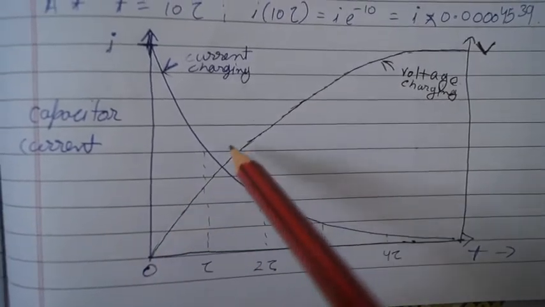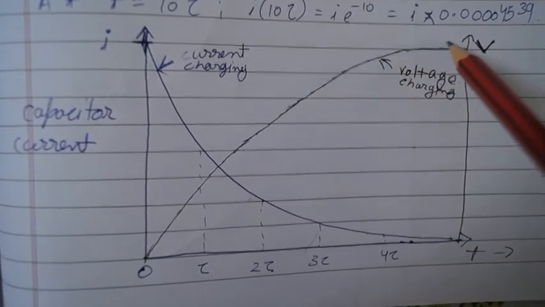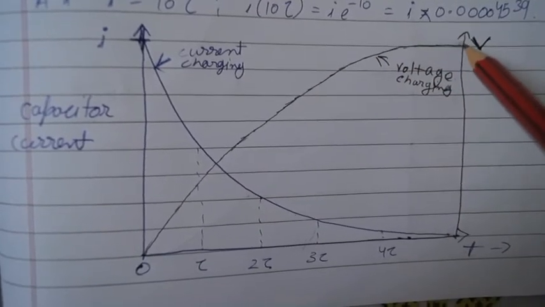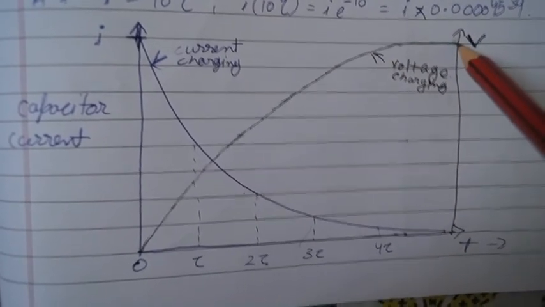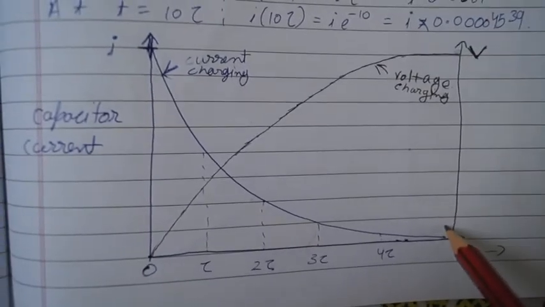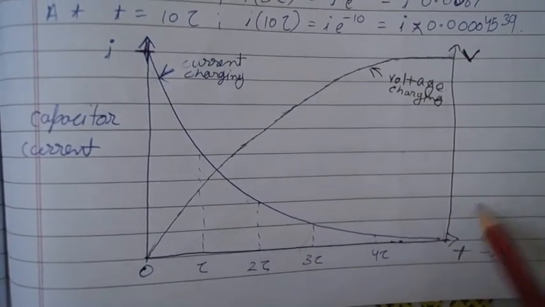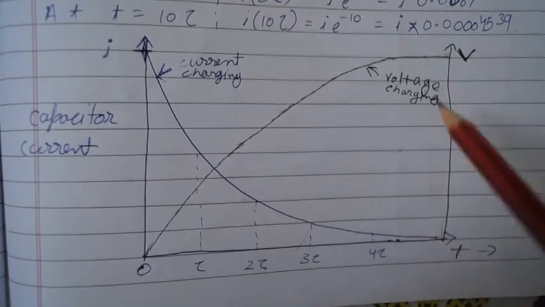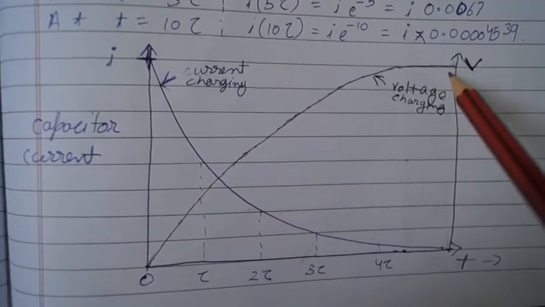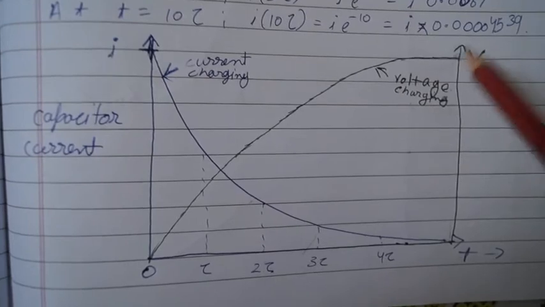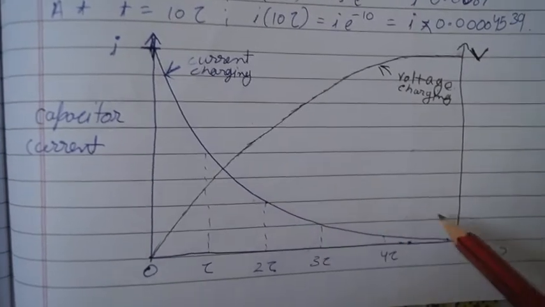So the capacitor potential is increasing toward the battery potential, and when the capacitor potential is at maximum, the current in the circuit drops. That's why we also say that when the voltage is increased, the current is decreased.